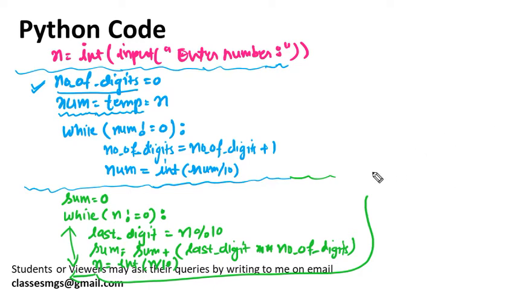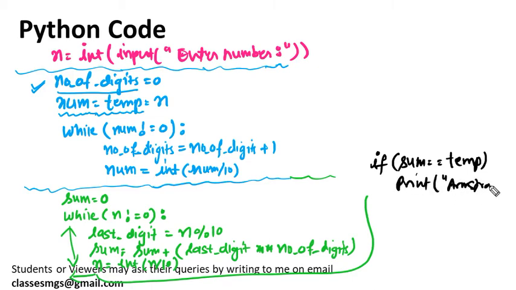We need to check if sum equals to temp, the variable that holds our original value, print Armstrong number. Otherwise, else, we need to print not Armstrong number.